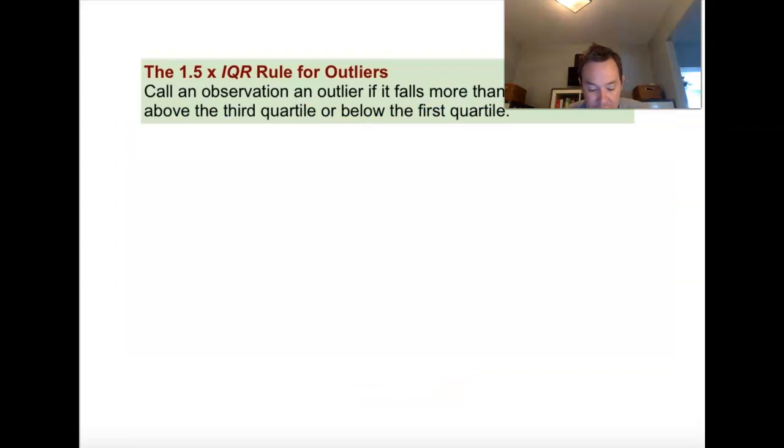All right, the 1.5 times IQR rule for outliers. So call an observation an outlier if it falls more than 1.5 IQR above the third quartile or below the first quartile. So to get the lower bound, you're going to take whatever your value for Q1 is, you're going to subtract 1.5 times the IQR.